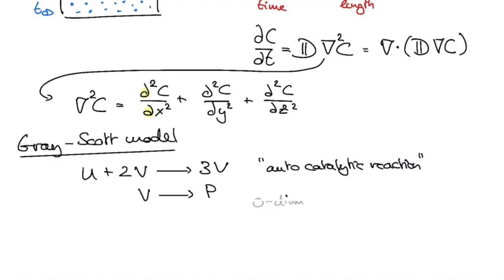Well, okay, let's not call it zero-dimensional. If you had only time as a consideration, then we would have a K1 and a K2.